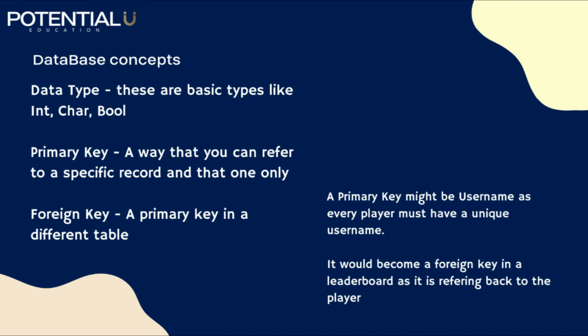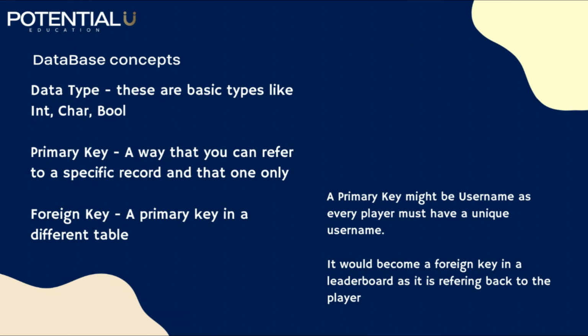A good way to think about this is, if I wanted to phone you, then your primary key is your phone number, because I'm not going to phone you and potentially get through to John up in Manchester, because you don't share your phone number with anybody else. It's just you that has that. So it makes it very easy to quickly reference you just by calling you on the phone, rather than calling you and saying, hey, which user of the phone number is this? And then going through the list of all the people that have your phone number for some reason. So that primary key has to be unique to the piece of information.